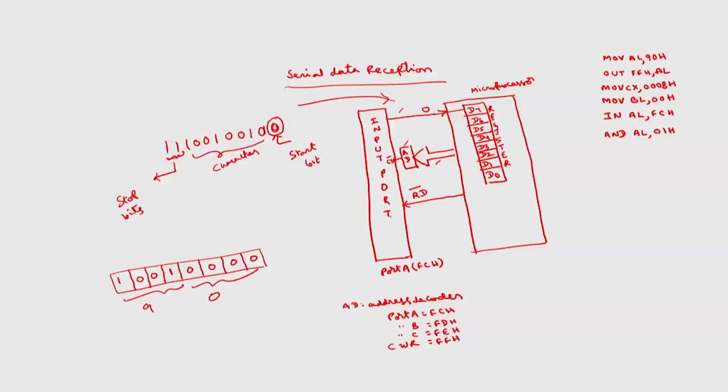Whatever is received on the input port, this entire input port, because we are not using PA7 to PA1, PA6, PA5, PA4, PA3, PA2, PA1, PA0. Here some bits will be received, but we are not using these bits. So, if I write IN AL comma FCH, this entire data comes into the AL register.